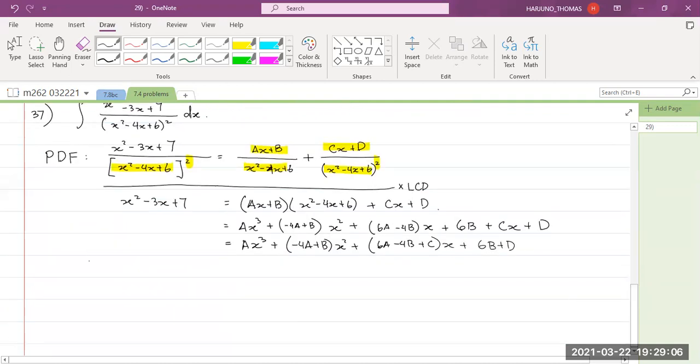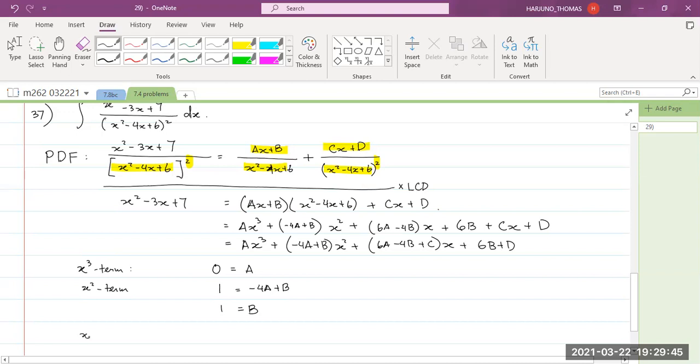Now from here we see the x cubed term is 0 on the left hand side, so a is also 0. Then for the x squared term, the left hand side coefficient is 1, the right hand side is negative 4a plus b, but a is 0, so b equals 1.